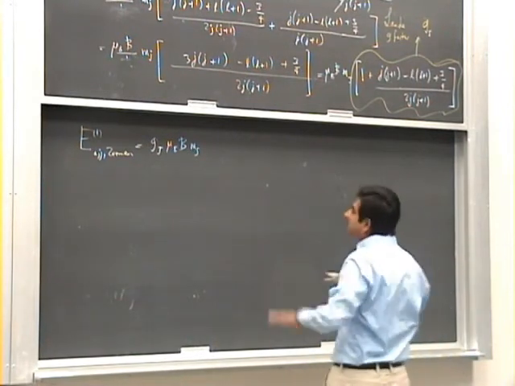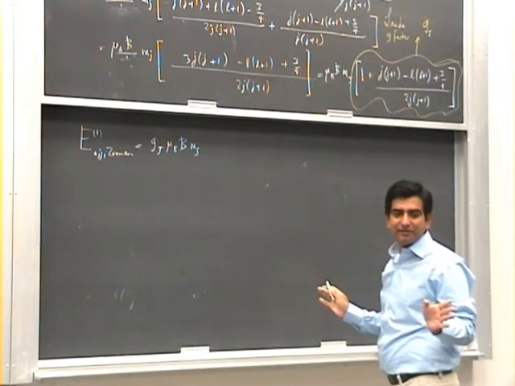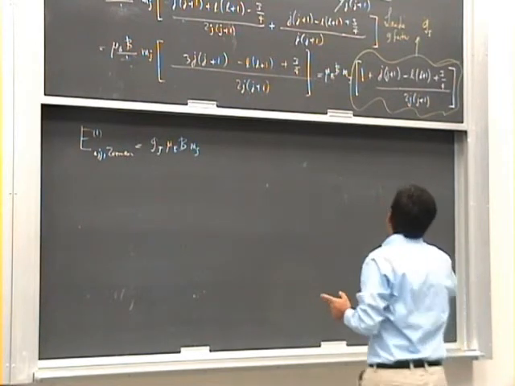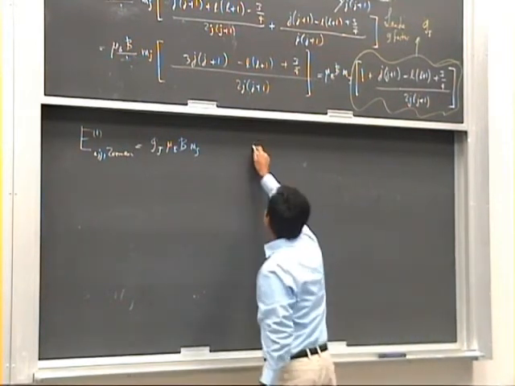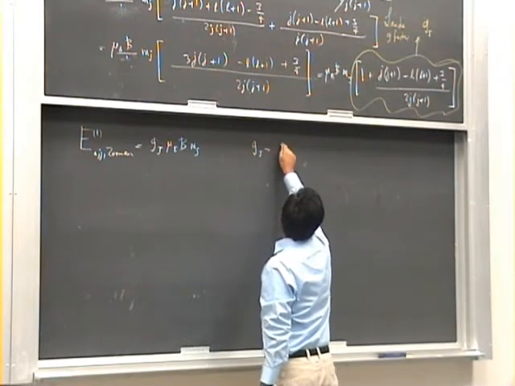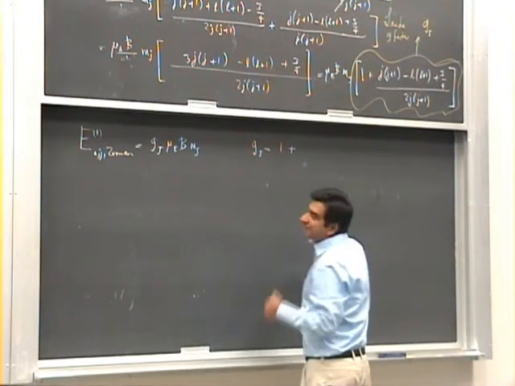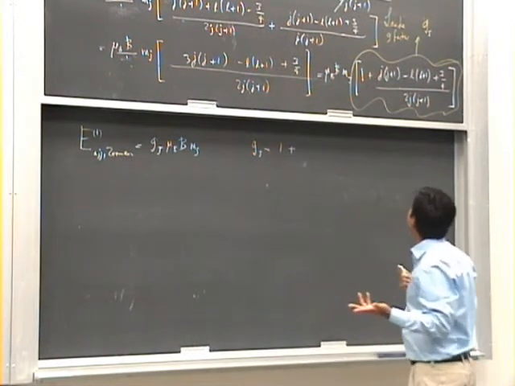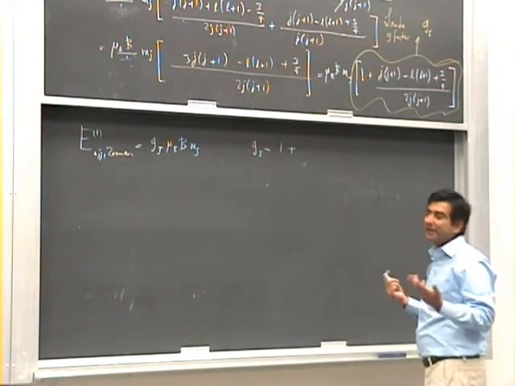Notice if we have just a pure spin half electron, no orbital angular momentum, then look at the factor Gj. Gj will be 1 plus, now J is just S, J is equal to half, but L is 0.